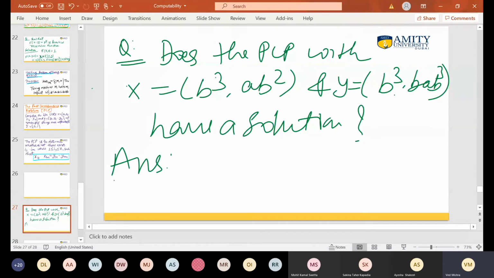Tell me this answer. Anybody who could find?